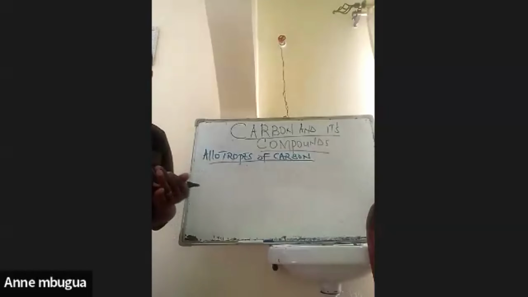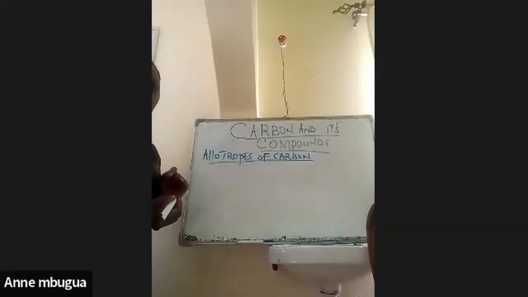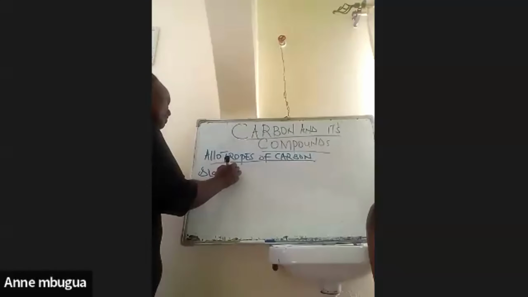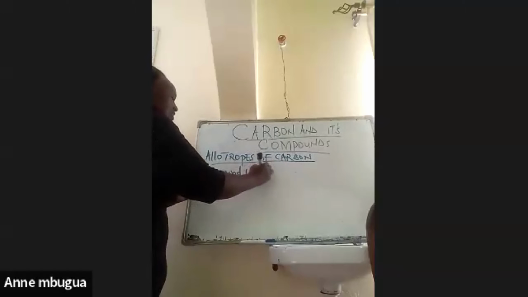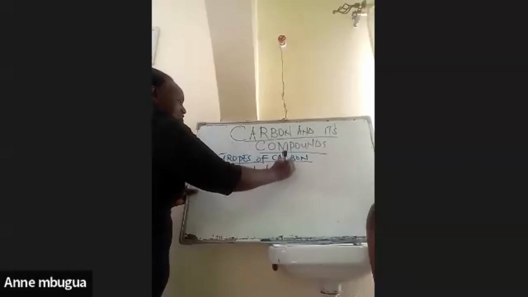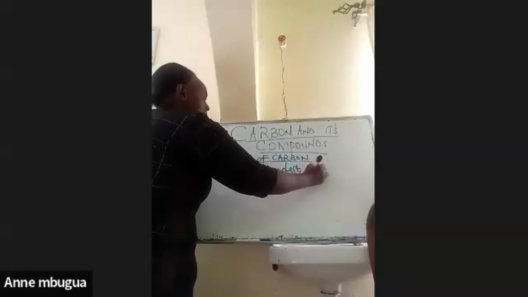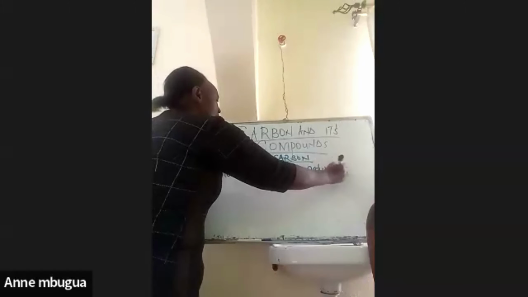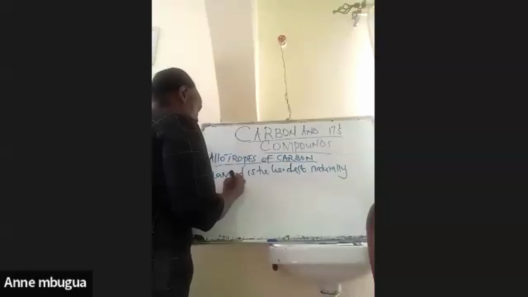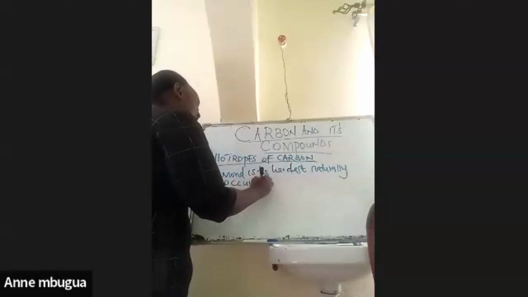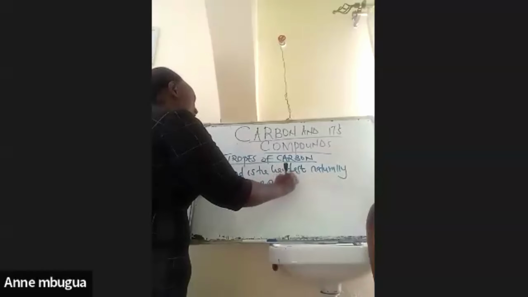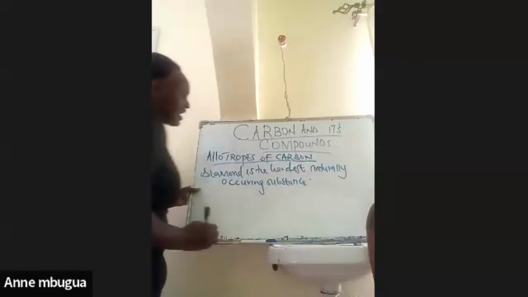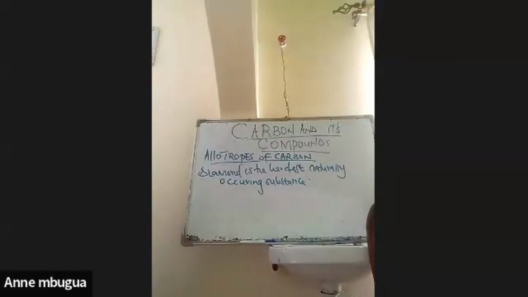Diamond is the hardest naturally occurring substance, explained in terms of structure and bonding.